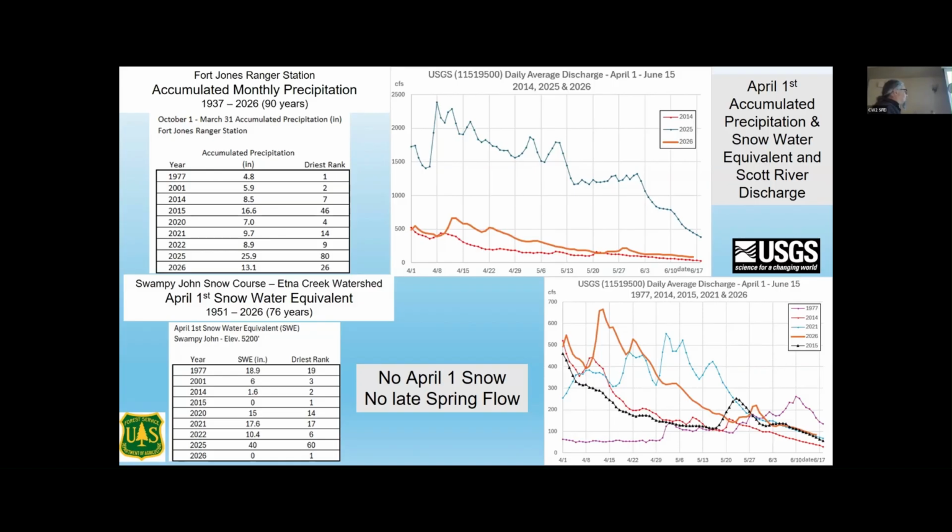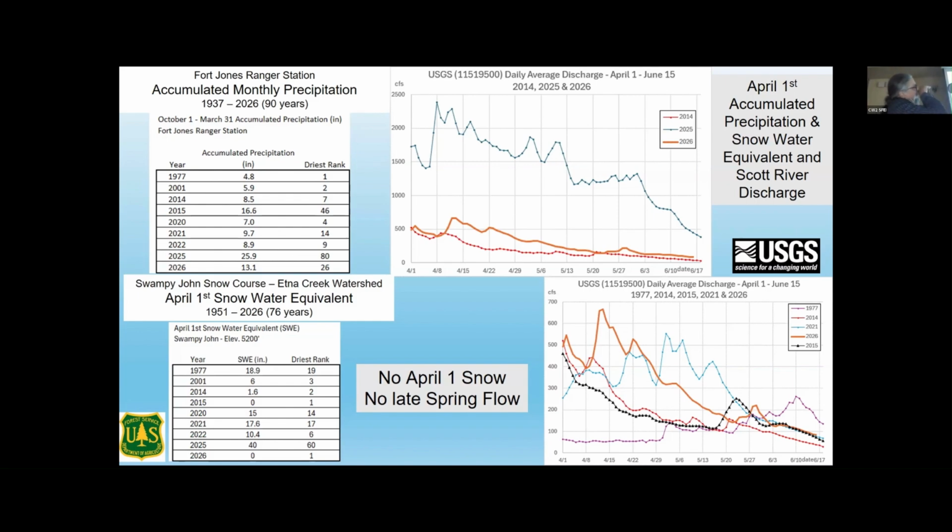It's in the top quartile dry. But if you look at the snowpack in the driest ranking, 1977 for snowpack was only 19th driest. So we didn't have much rain in '77, we still had snow. In 2026, we had no snow, as we did in 2015. So 2026 was an interesting year where we had precipitation, but we had no snow on April 1st.